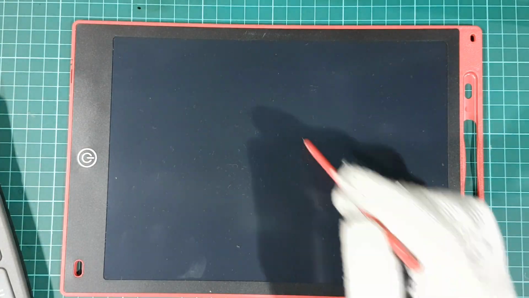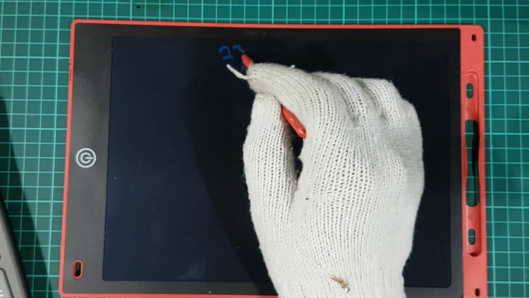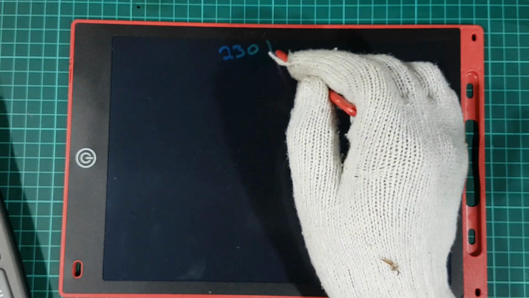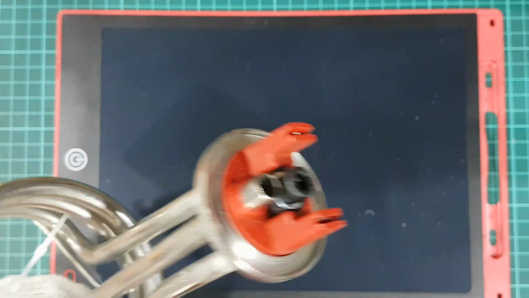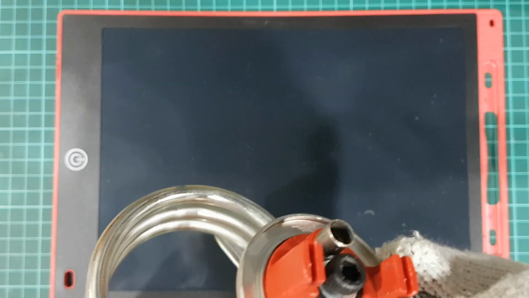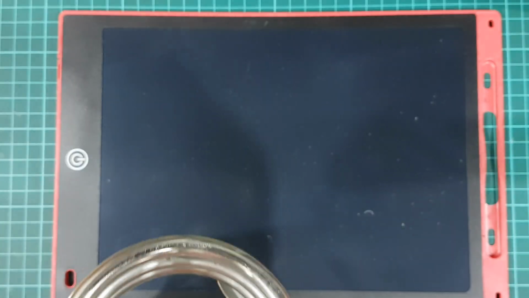For the rest of the world that's running on 230 volts, they will end up doing the same as what I'm doing. So this element that I'm using for this example is actually a 2000 watt element rated at 230 volts.